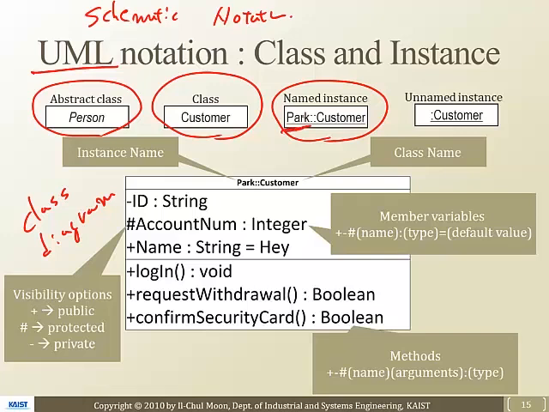Sometimes we make an instantiated class and we don't name it. So we have this box, and it has three parts: the first small part, the second part, and the third part. The first part has an instance name and a class name.